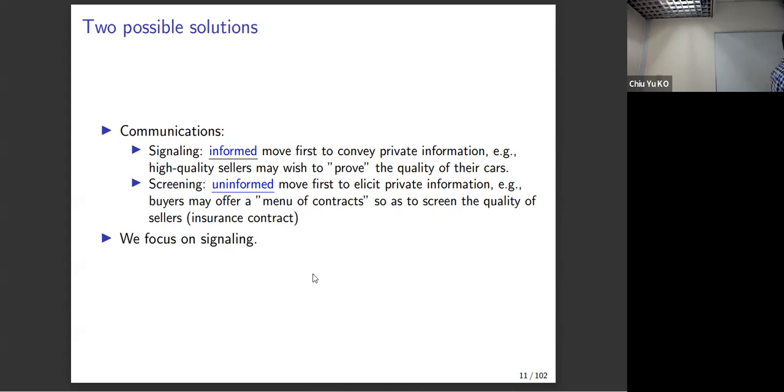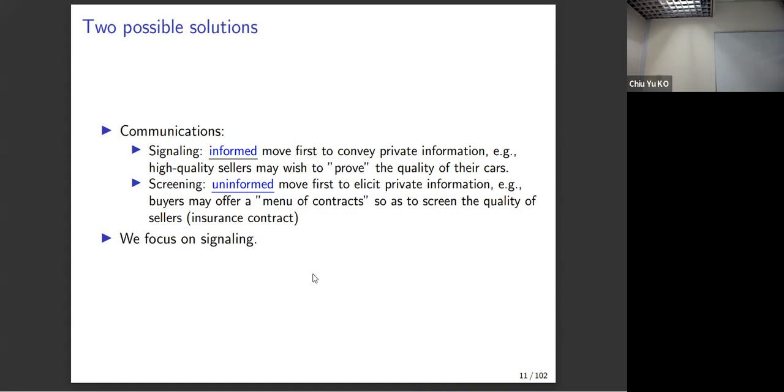Same thing you see with an insurance contract. If I set a single price, then good health and bad health people would join the same plan, and that actually makes the plan not profitable. By offering different plans, an expensive plan covers more, a less expensive plan covers less, requires more deductible, more co-payment.